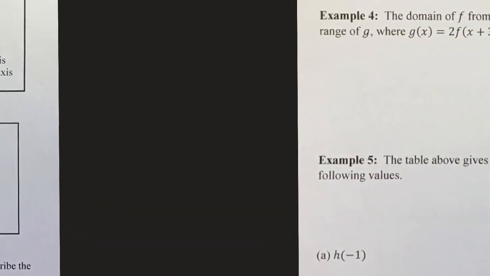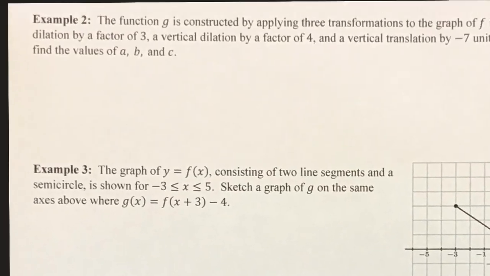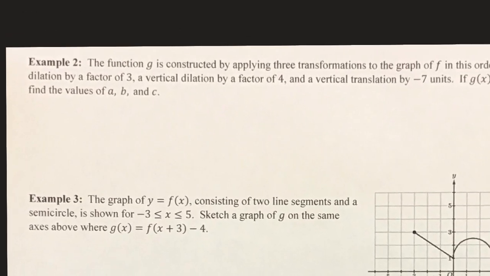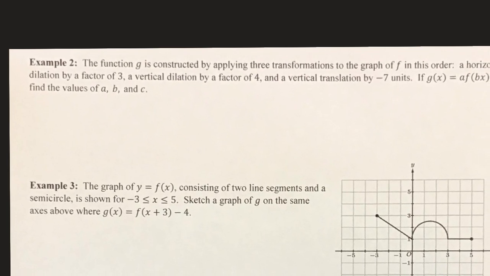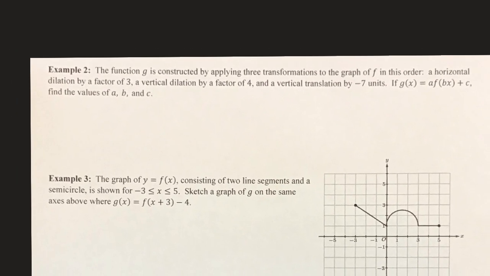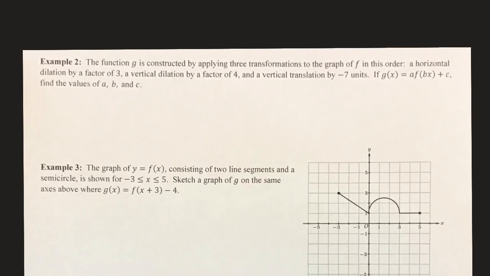Okay, so let's see what we have for example number 2. Here we have a function g, and we have 3 transformations in this order. First, we have a horizontal dilation by a factor of 3. And we have a vertical dilation by a factor of 4.